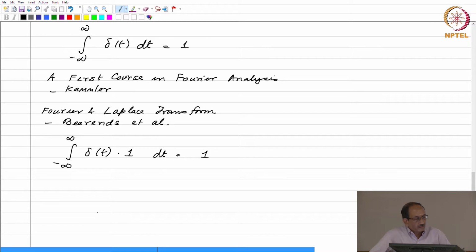But then we see that the integral from minus infinity to plus infinity of delta of t dt is 1, and since this exists only in the infinitesimal interval between 0 minus and 0 plus, this is really the integral from 0 minus to 0 plus of delta of t, which equals 1.